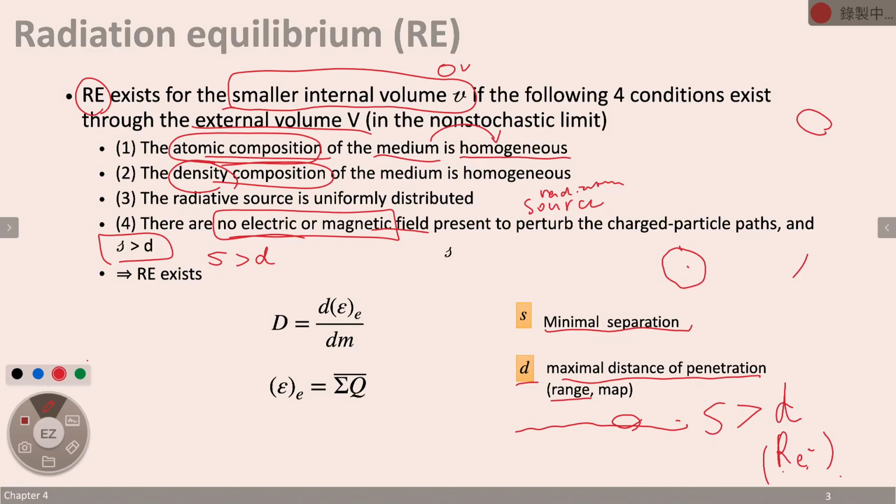Sometimes we just write electron range, because if you have other particles like proton or alpha, which one has the longest range? 哪一个会有最长的路径？射程 charged particle, say.